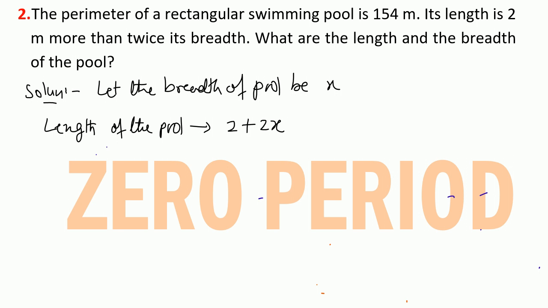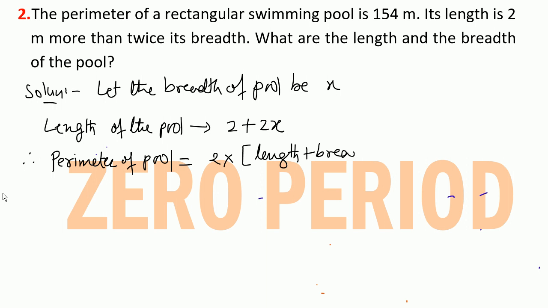Now use the formula of perimeter. The perimeter of the pool is equal to 2 into (length plus breadth).